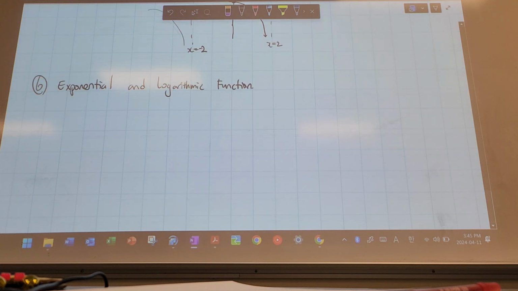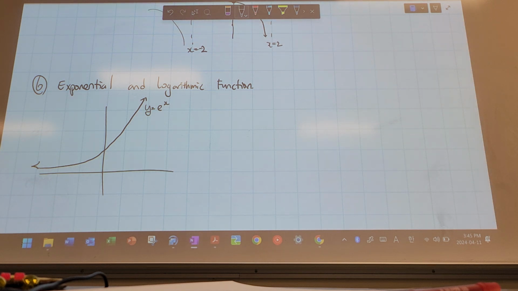So exponential function and logarithmic function, each of them have a horizontal asymptote and a vertical asymptote as well. The exponential function has a shape that goes like this, let's say this is y equals e to the power of x. In the exponential function, usually the base is e, the natural number. And also we have the logarithmic function that goes like this.